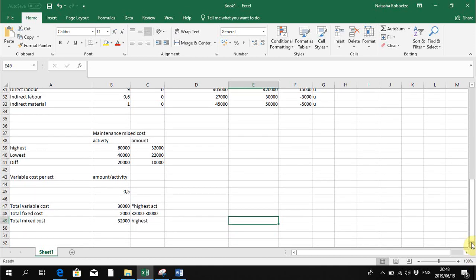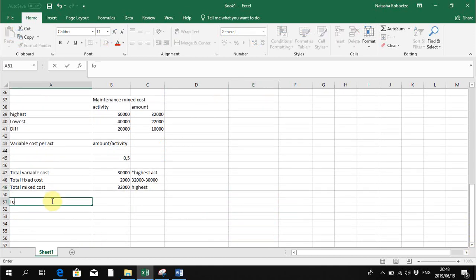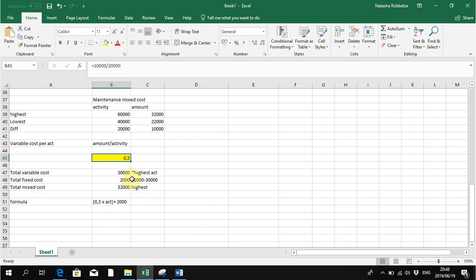So if I now formulate, I'm going to say my formula is now 50 cents times the activity plus a fixed cost of 2,000 Rand. So to formulate, I use that answer and I use that answer.